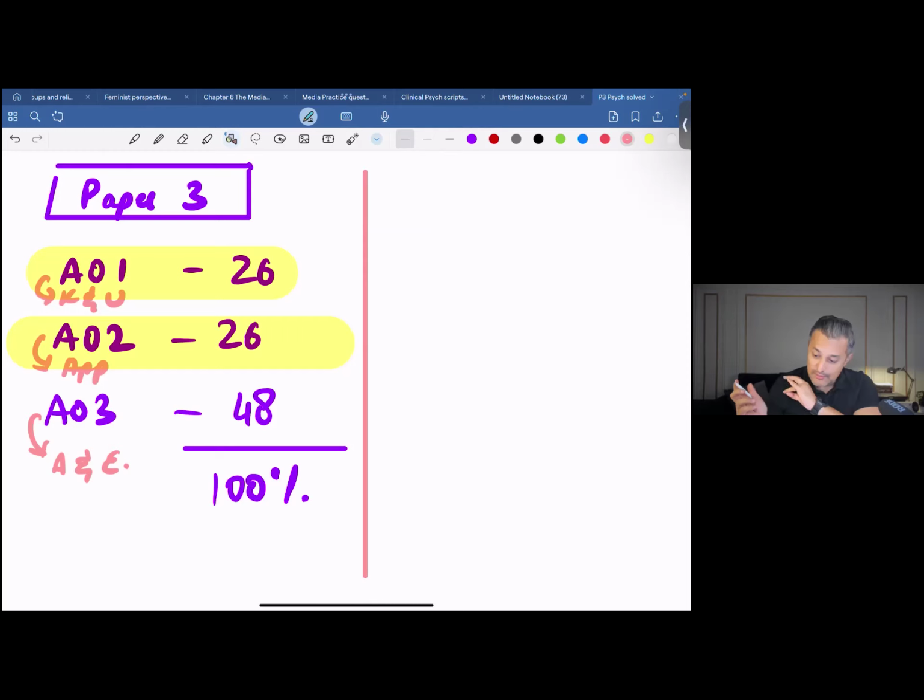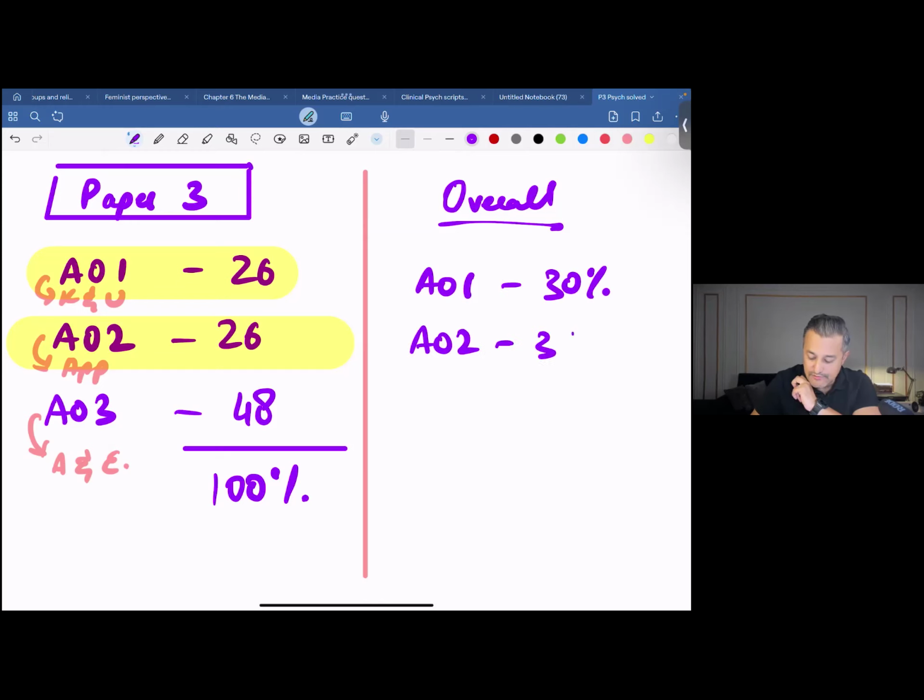If I talk about the overall weightage, for A2s, AO1 is 30%, AO2 is 35%, and AO3 is 35%. Whatever I'm saying over here, please go back and open up your syllabus.